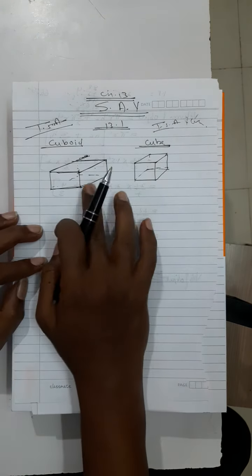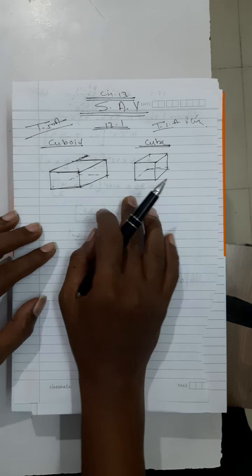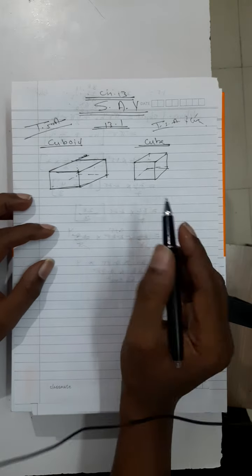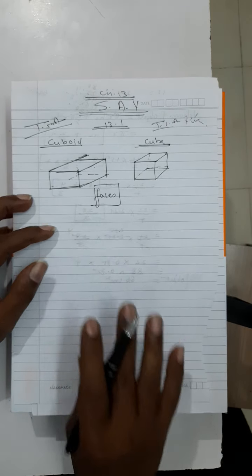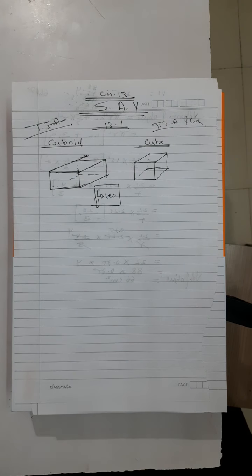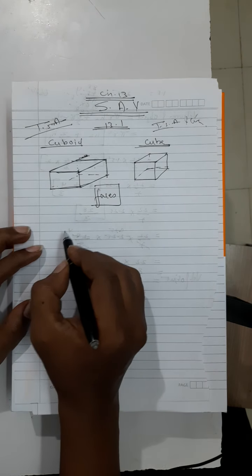See, when it comes to a cuboid or a cube, how many faces, meaning surfaces, do they have? You can think about your room, whichever you are sitting in, your house, your home, wherever you are sitting. If you think about it, how many surfaces does it have?